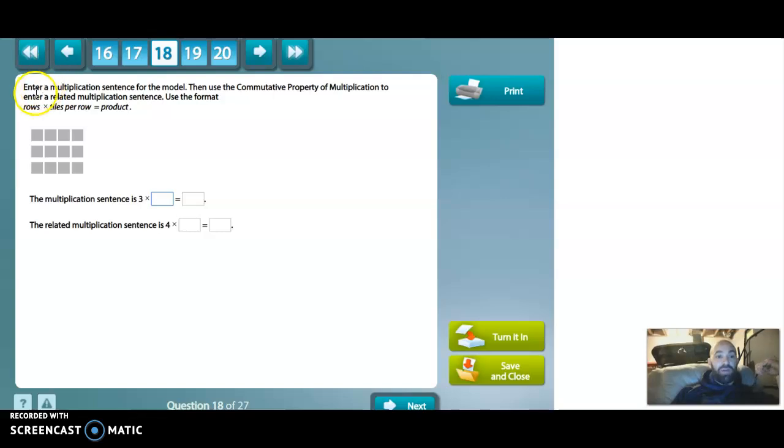Use the format rows times tiles per row equals product. The first one as a multiplication sentence is 3 times blank equals blank. So 3 rows times how many in each row was the total. And then think, what's the other multiplication in the fact family? That's all you're doing there, is fact families.